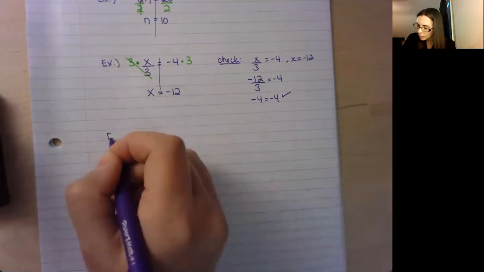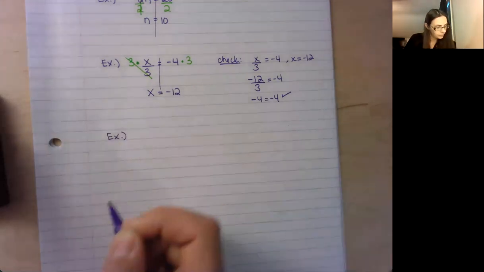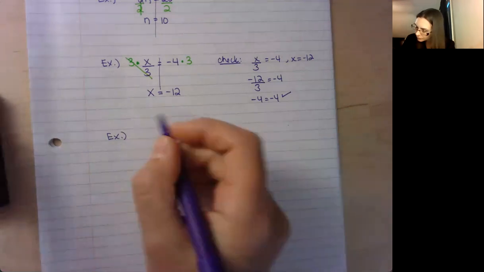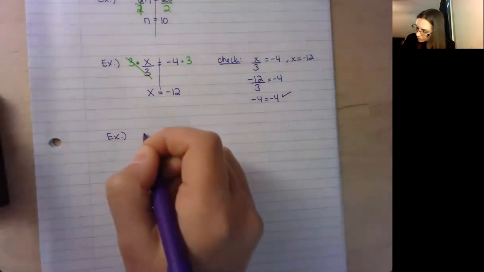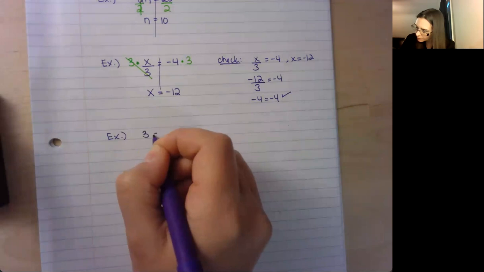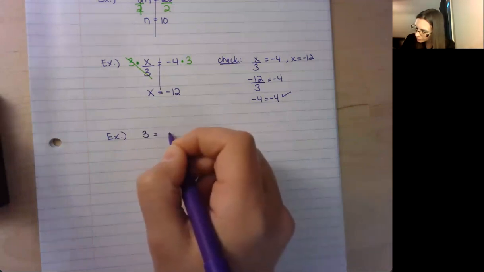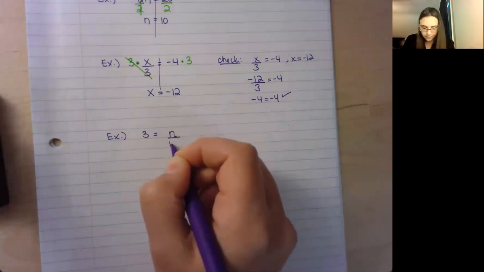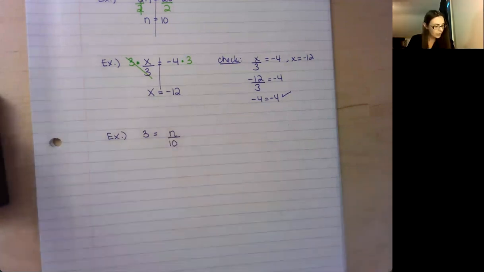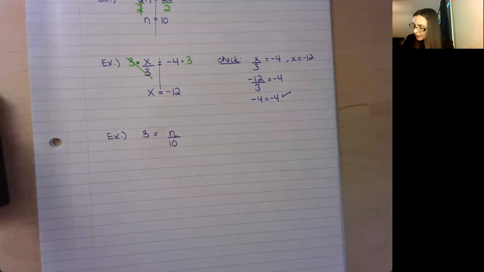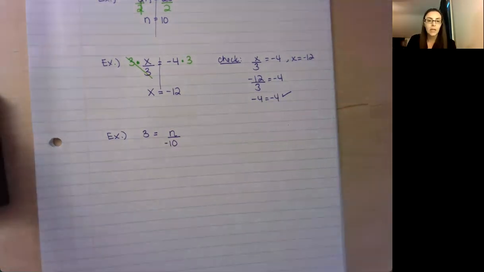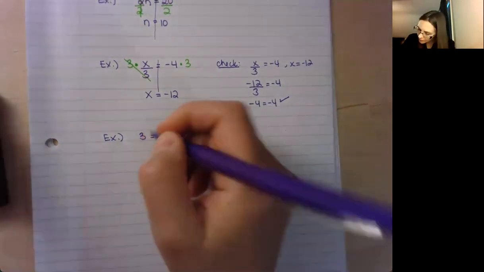All right, and let's do one more. So here, maybe I have n over, let's make it negative 10. Negative 10, I want to get that n by itself.